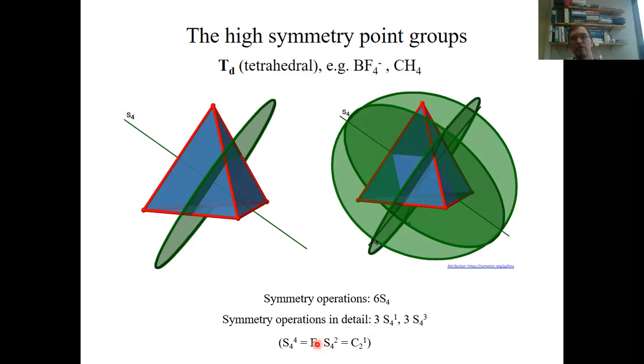So for each S4 element, we have 2 operations. Since we have 3 elements, we have 6 S4 operations, and these are 3 S41 and 3 S43 operations.